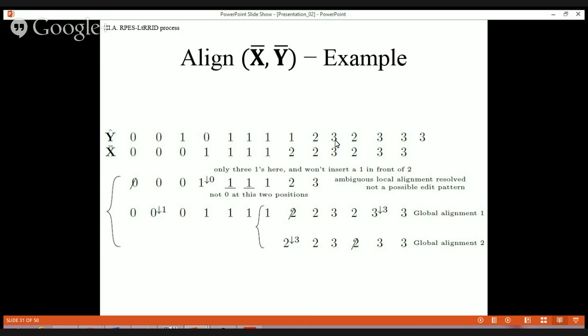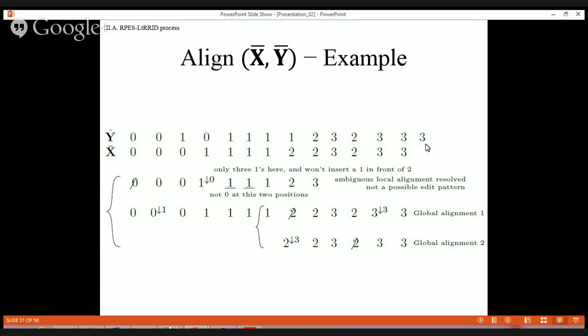So L1 equals L. The length 1 run 3 is matched to the length 1 run 3 in X. And similarly, the 2 is also matched to this 2 in X. They are both length 1 runs.